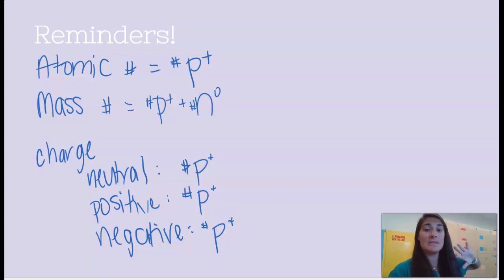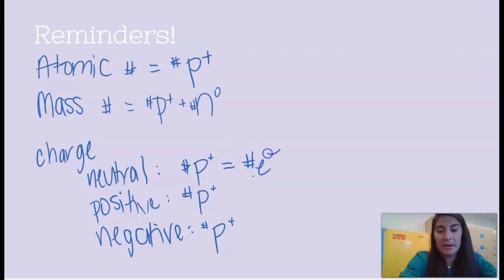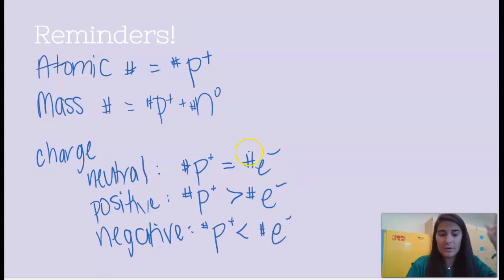The number of protons is identifying what element we have. So if something is neutral, the number of protons is equal to the number of electrons. If something is positive, then the number of protons is greater than the number of electrons. And if something is negative, then the number of protons is less than the number of electrons. So go ahead and think about these.